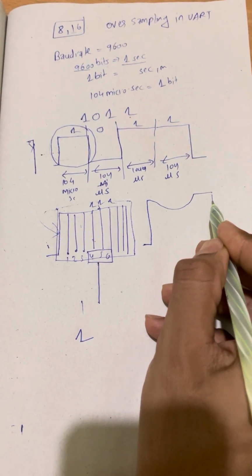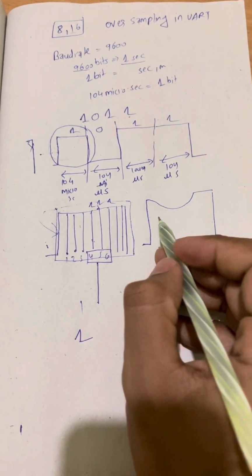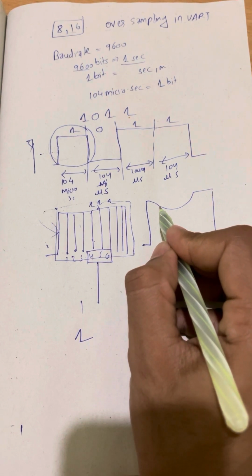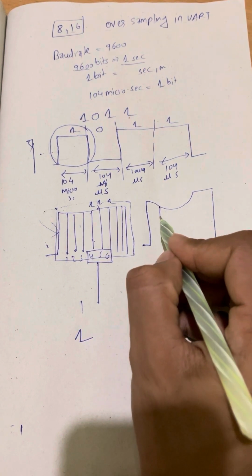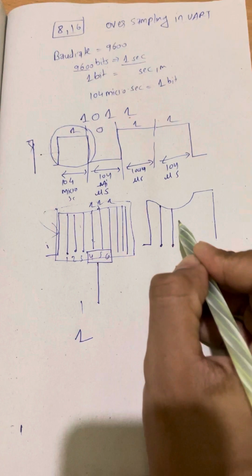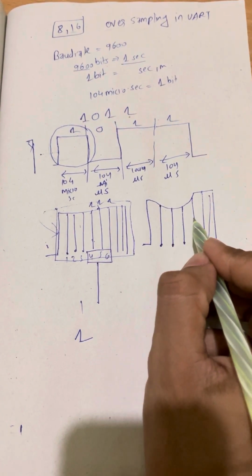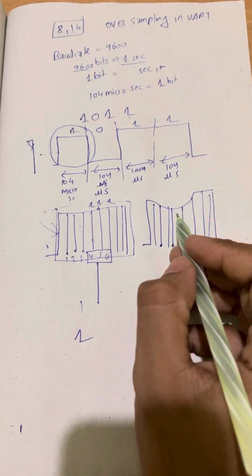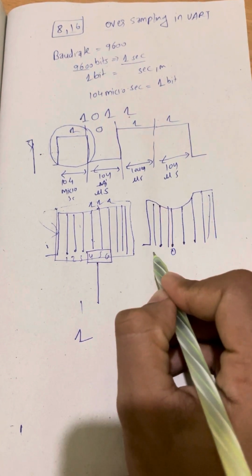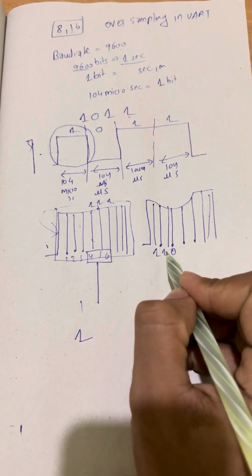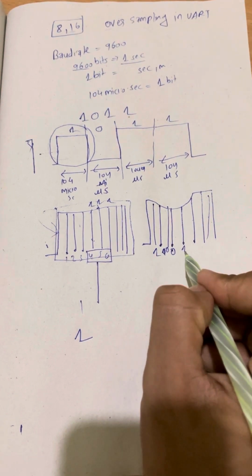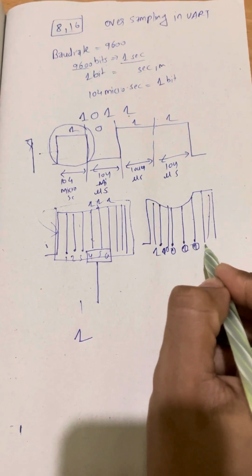For example, if some noise comes, such type of things came. So what will happen if we go for sampling again? Let's sample it: 1, 2, 3. Suppose 8 samples are there, up to 7, 8. So this might be 0, this might be 1, this might be again 0, depending upon how you are assuming them.